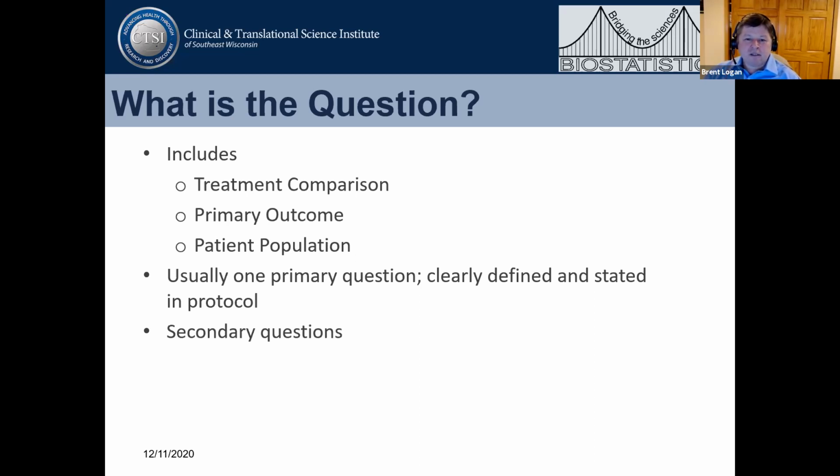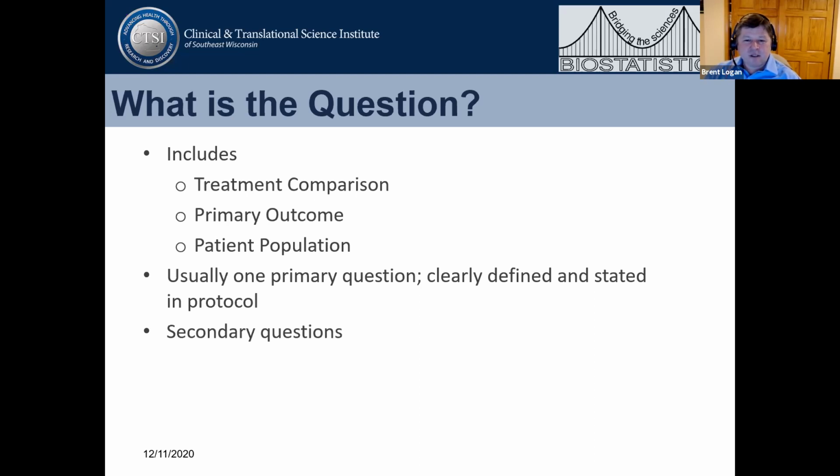Otherwise, you really should be considering all the secondary questions as pretty exploratory. They're more explaining the results of your primary endpoint or generating hypotheses for new studies. And there's often not an explicit control of the type 1 error rate across all of these secondary questions.